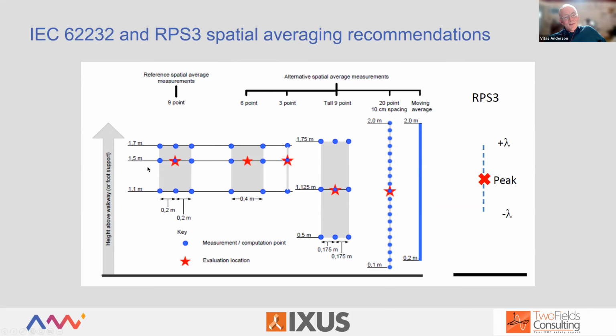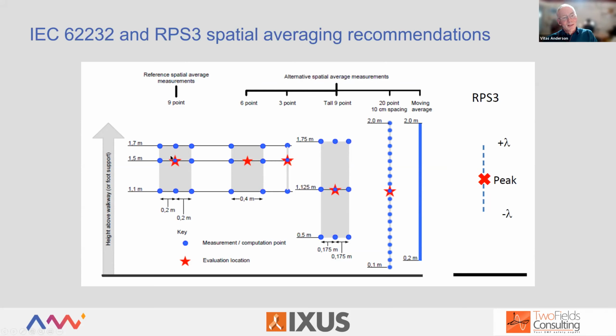The other thing is that some of these 9-point and 6-point schemes are really hard to implement, because the value you get from that averaging depends not only on where you measure at the points, but also on how you orient them.